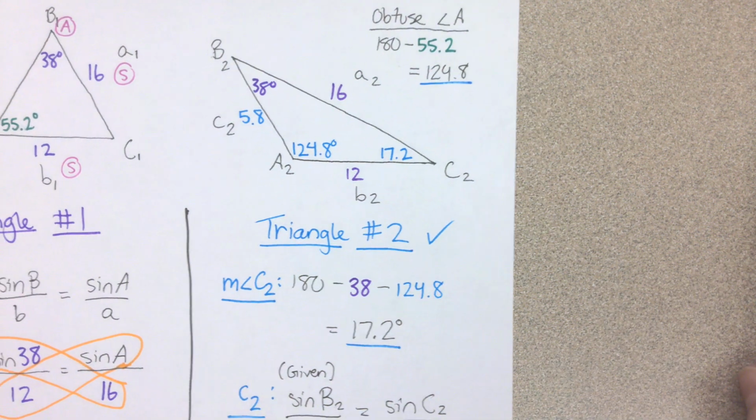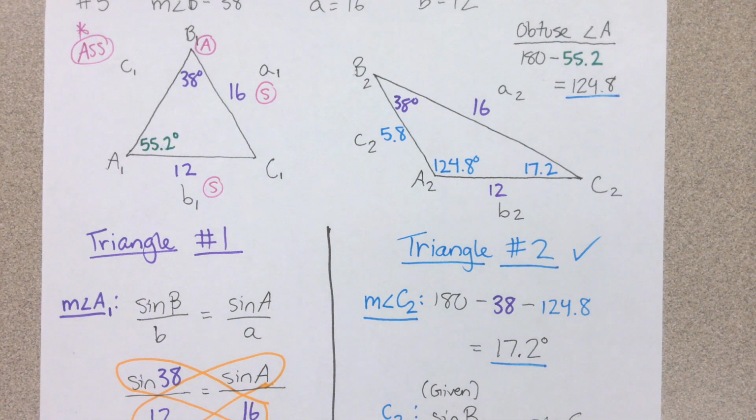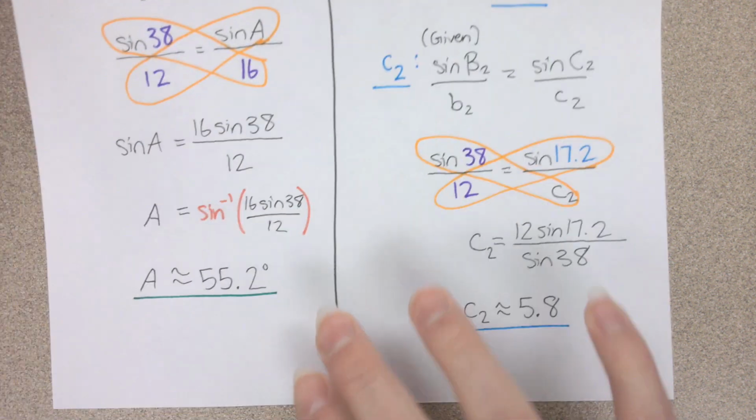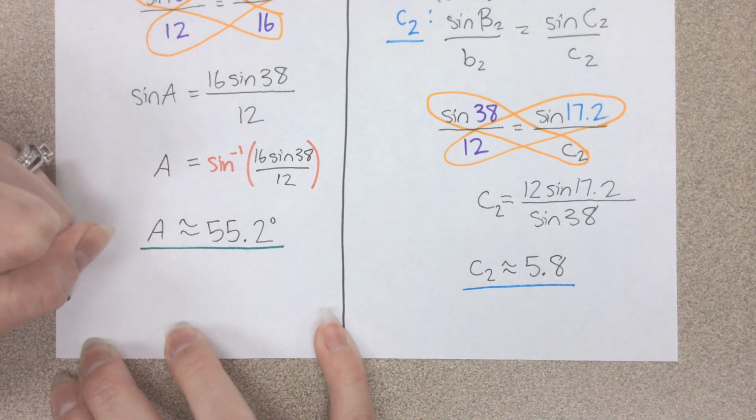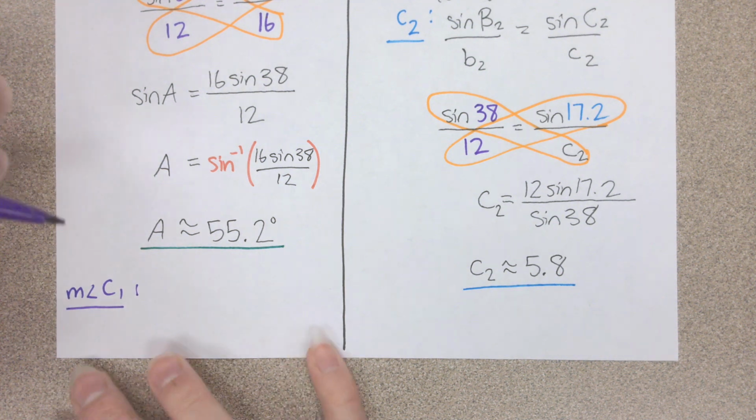Now we go back and finish triangle 1. Don't forget it. We are missing, again, just like in triangle 2, angle C and side C. So angle C is very quick to find. We just use 180 to get there. So now I'm looking for angle C, C1, not C2.